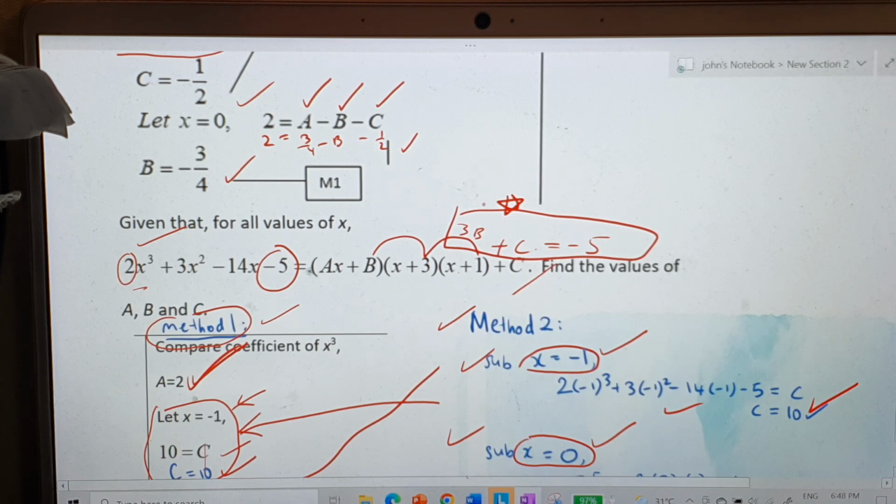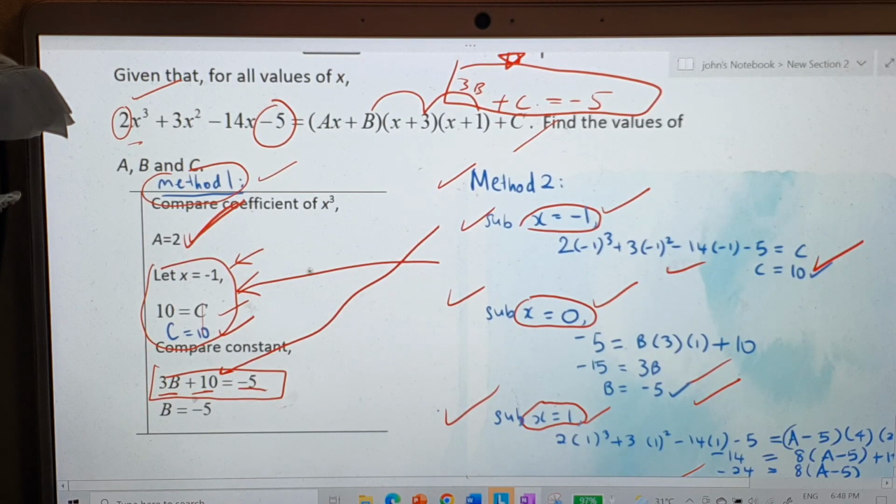Then you have to solve simultaneously. So my recommendation is always try the substitution method first. It should be able to get you the answer. If cannot, then you use a combination of substitution and compare coefficient. That's all for now.